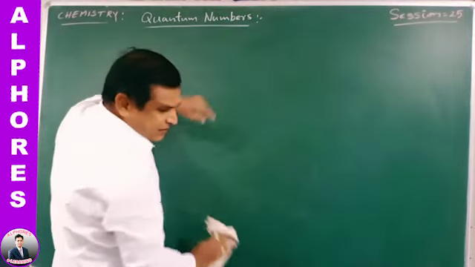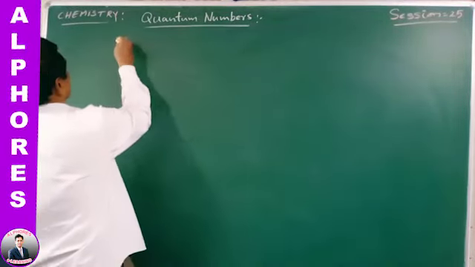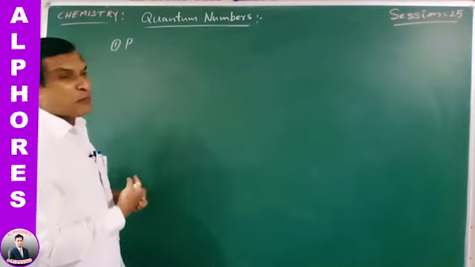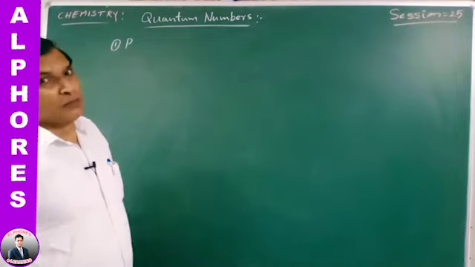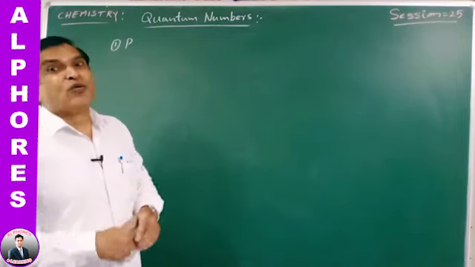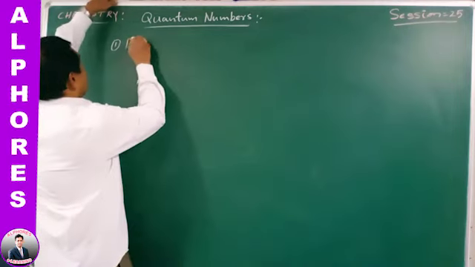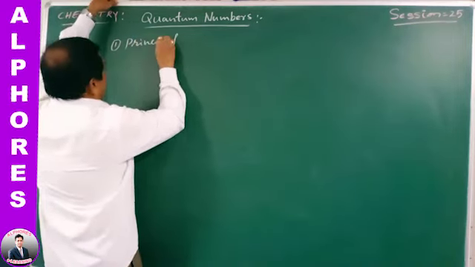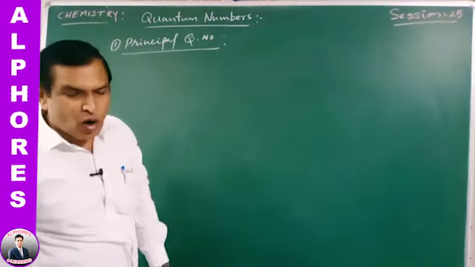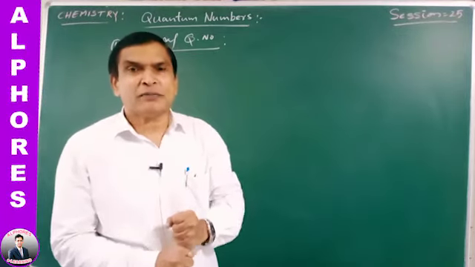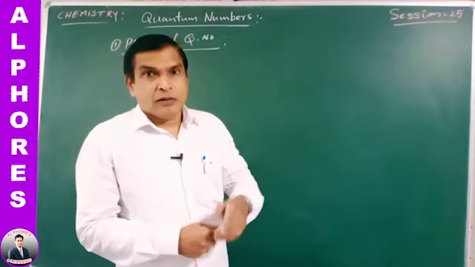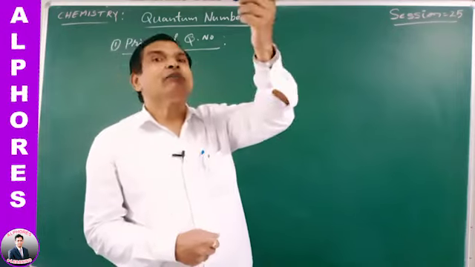It is also called Bohr's quantum number, or radial quantum number, or radial momentum quantum number, whereas azimuthal quantum number is called angular momentum quantum number.